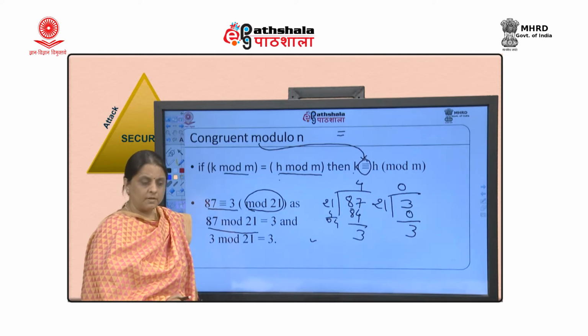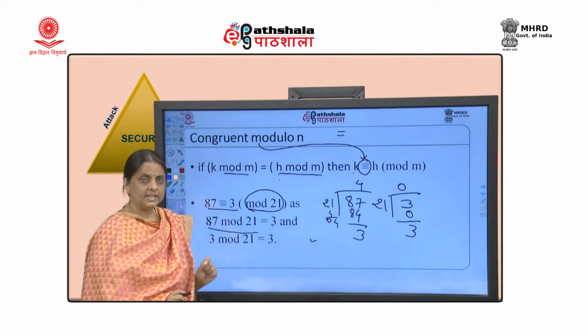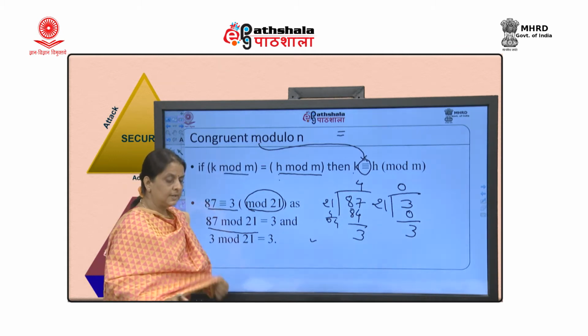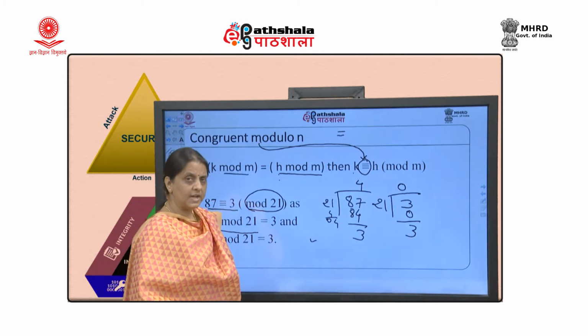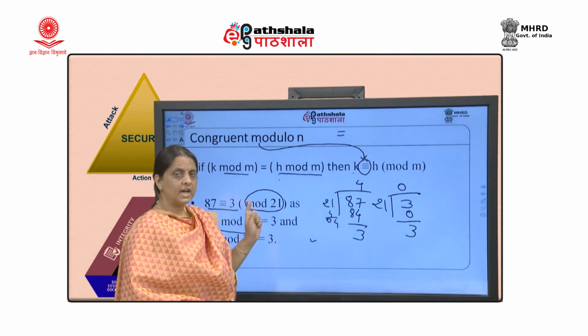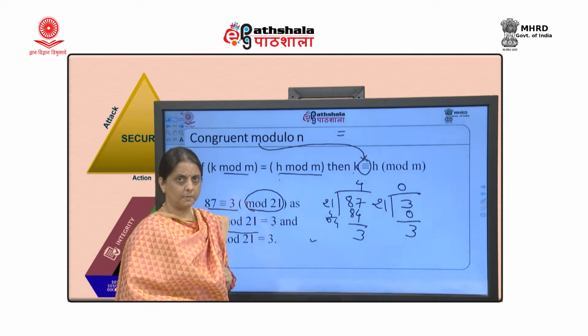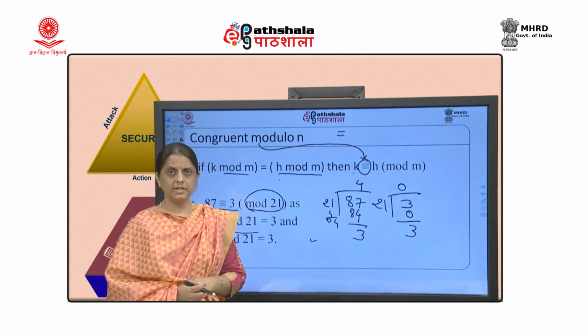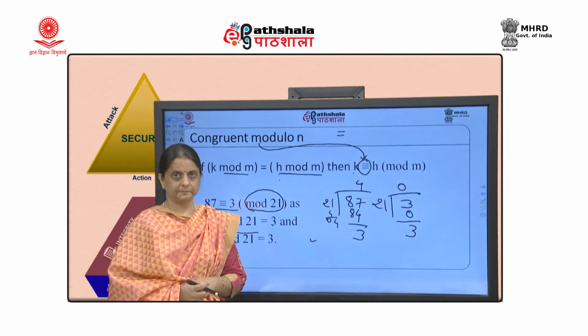One more thing is clear to you: in this type of cryptography we are going to use the modulo operation. Now, the question is, why are we dealing with modulo? Because in public key cryptography we are going to deal with large numbers.